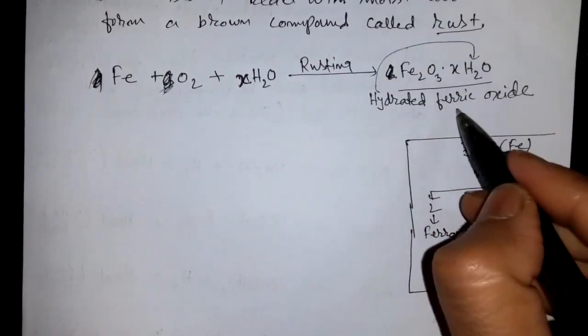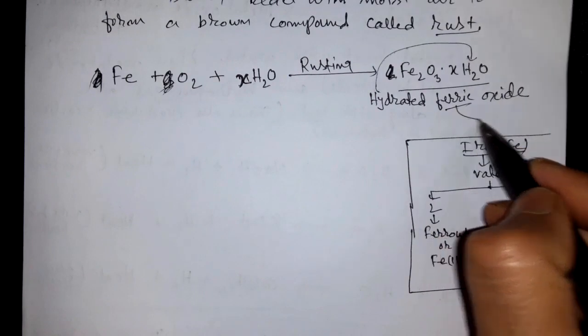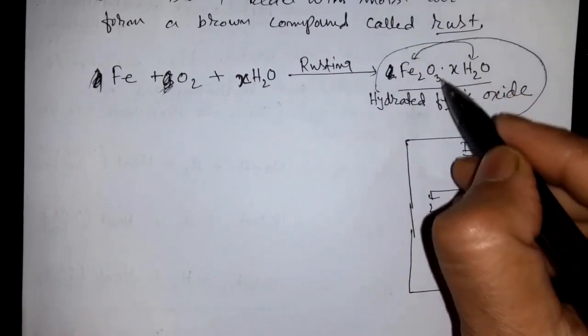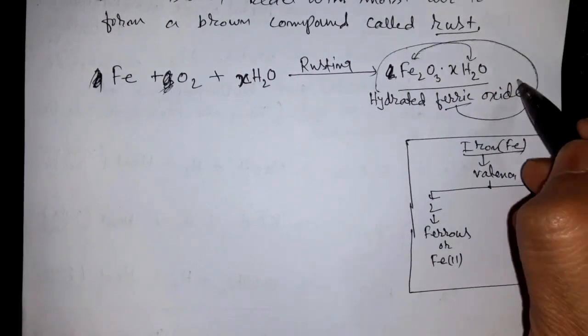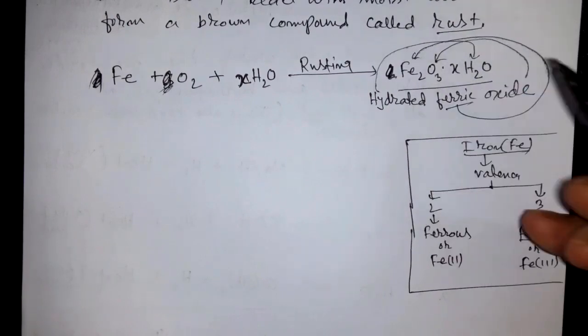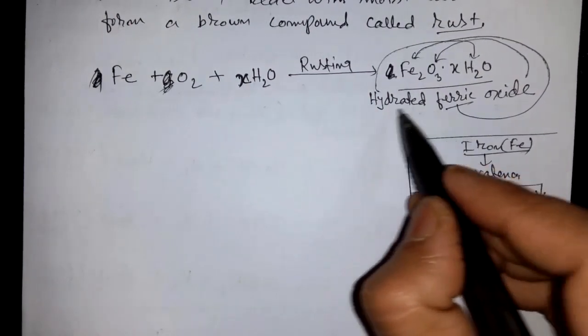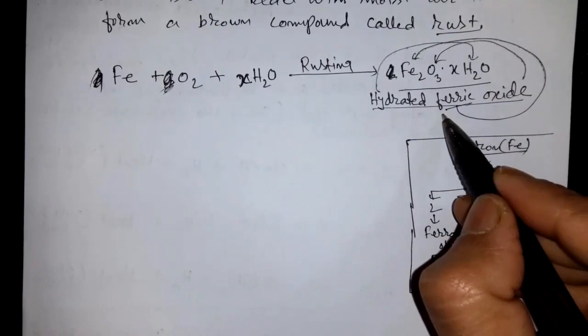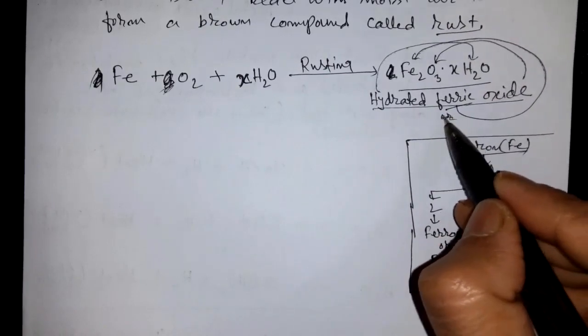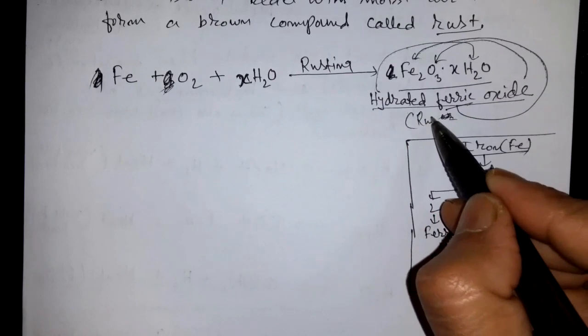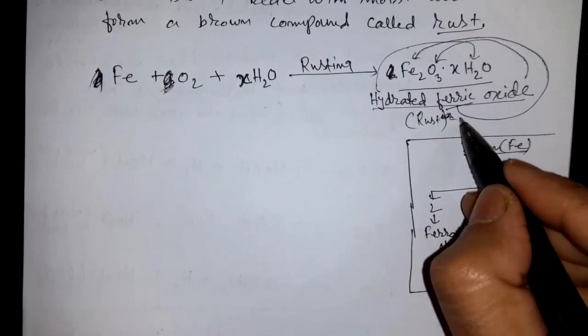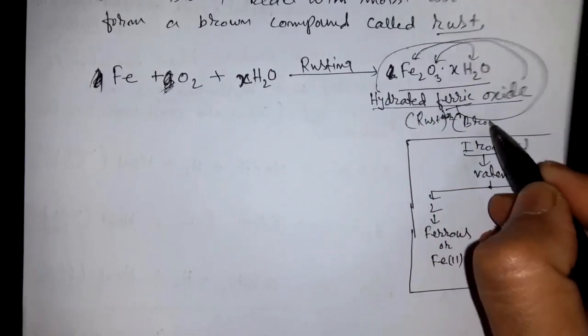Hydrated to represent water, ferric to represent the iron whose valency is 3, and oxide to represent the oxygen. So this hydrated ferric oxide is your rust, and this is brown in color.